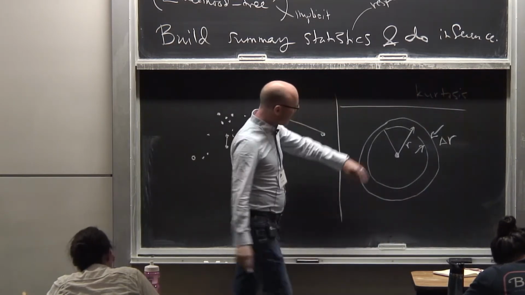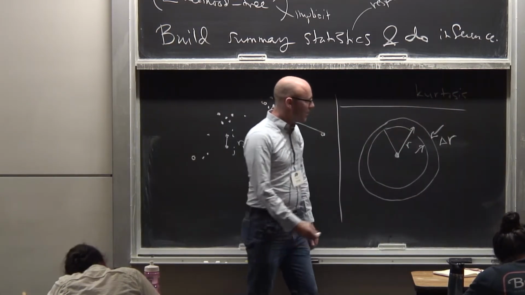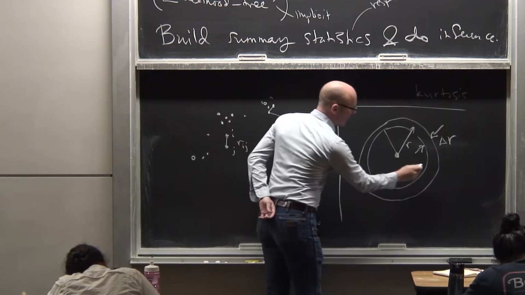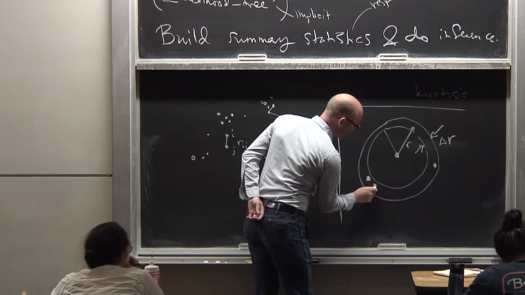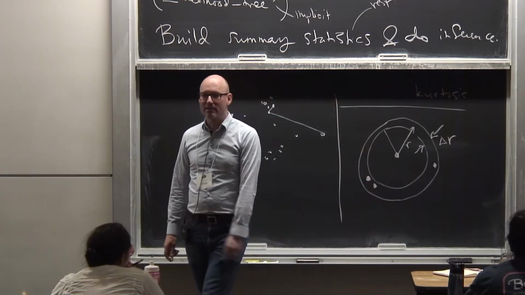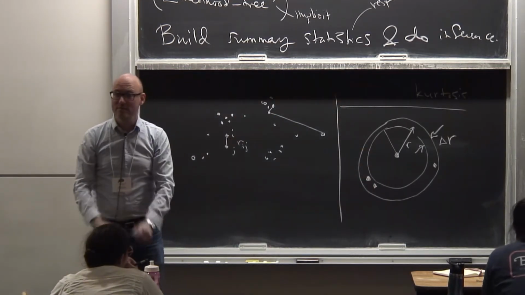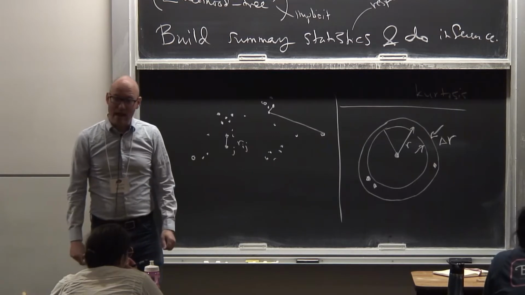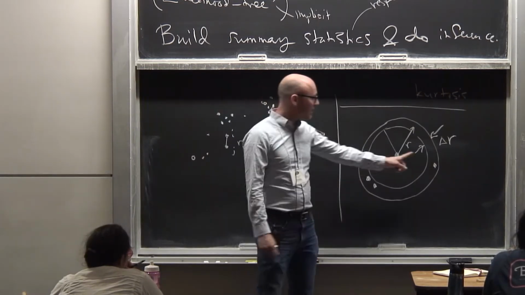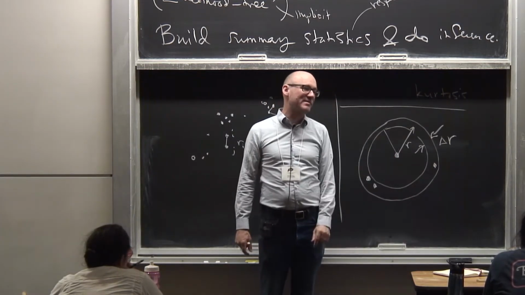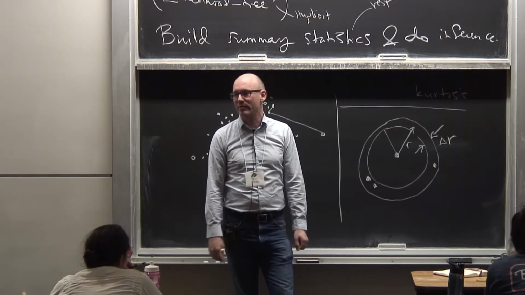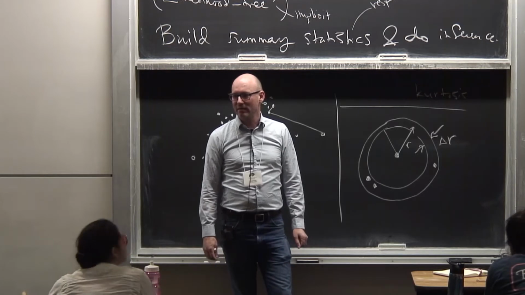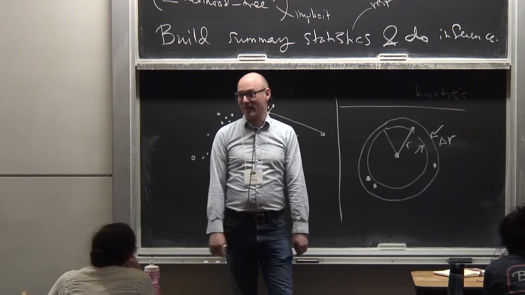So at radius r and width delta r, you can ask in the survey how many other galaxies happen to hit inside that cylinder. And then you can ask, how many would have hit inside that cylinder if the galaxies had been distributed uniformly throughout the universe with no clustering? The same number of galaxies.